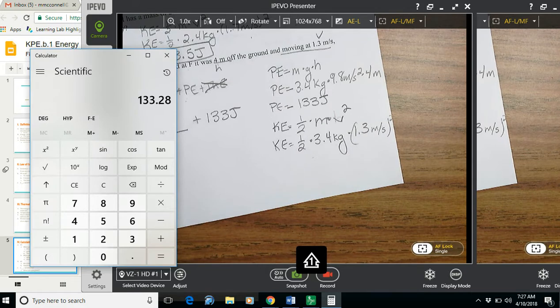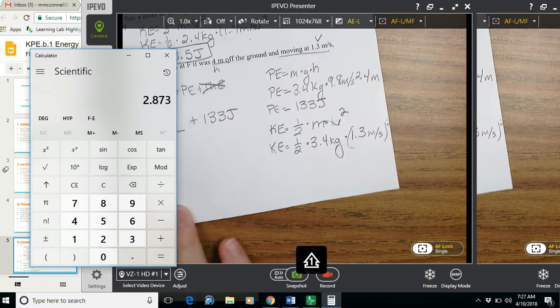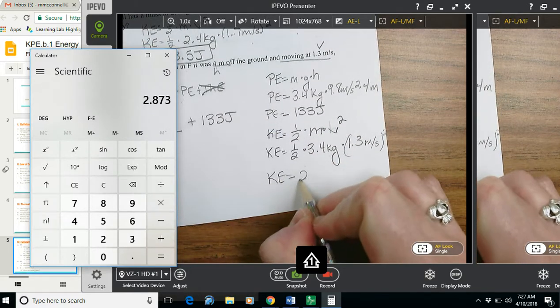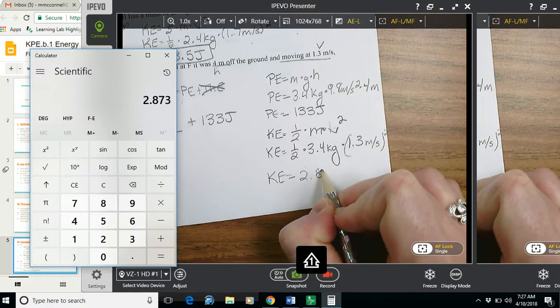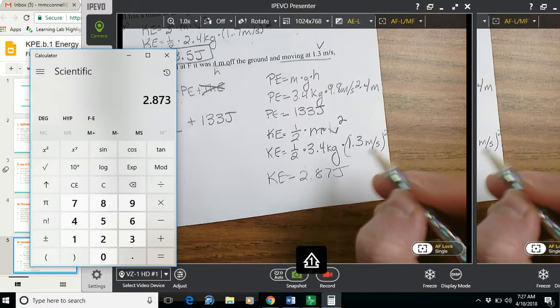So I'm going to go ahead, plug that in, 0.5 times 3.4 times 1.3 times 1.3, and that gives me its kinetic energy is 2.87 joules.